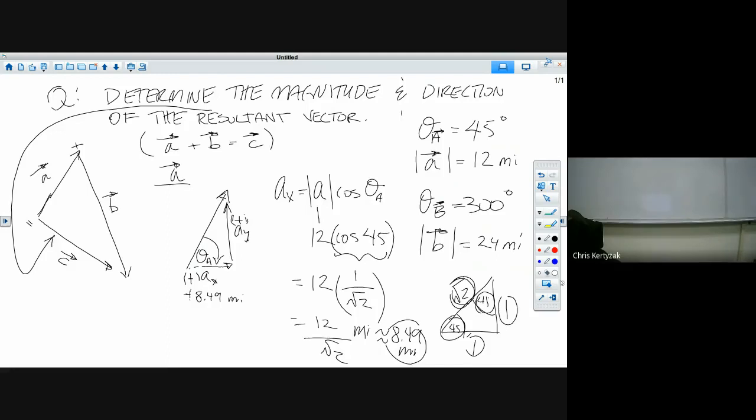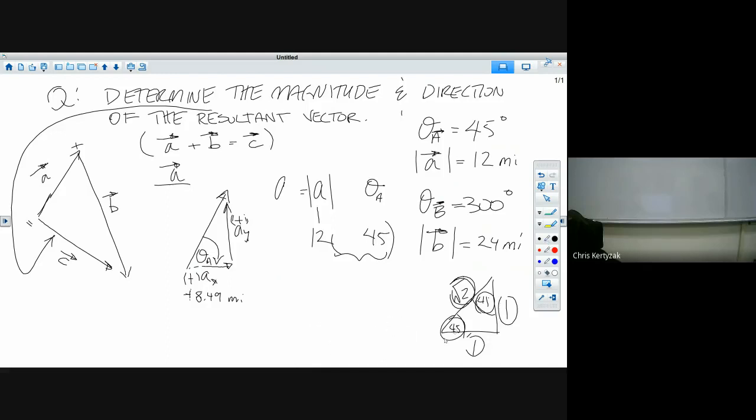Now I'm going to work out the Y component. The only difference for the Y component is that I use sine instead of cosine. As long as you've taken my recommendation to draw the angle back to the x-axis, then you can always feel comfortable doing that.